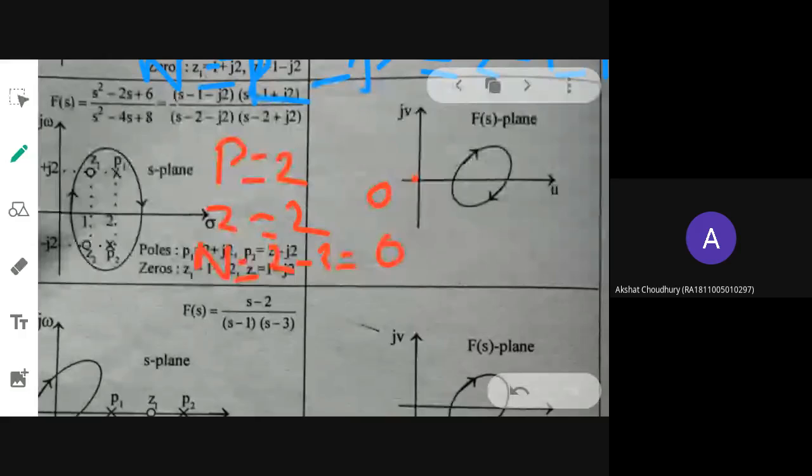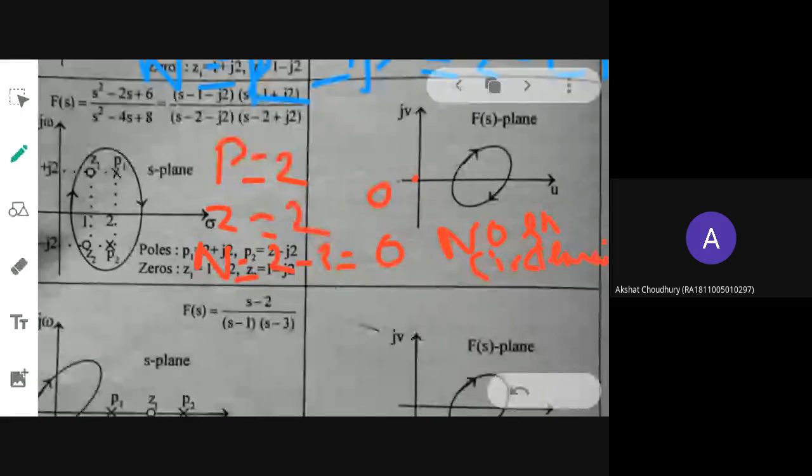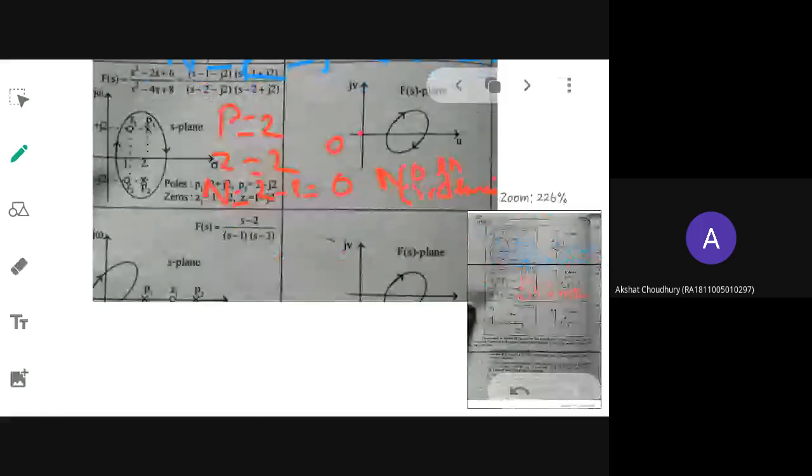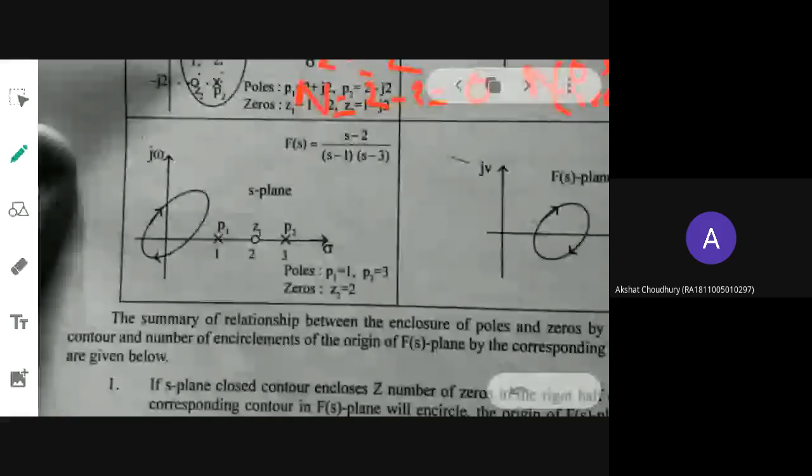Okay, no encirclement. And one more case, in the last case, the poles and zeros are located, but they are not being enclosed by the S-plane contour. The S-plane contour is over here, but the poles and zeros are located in a different position outside.